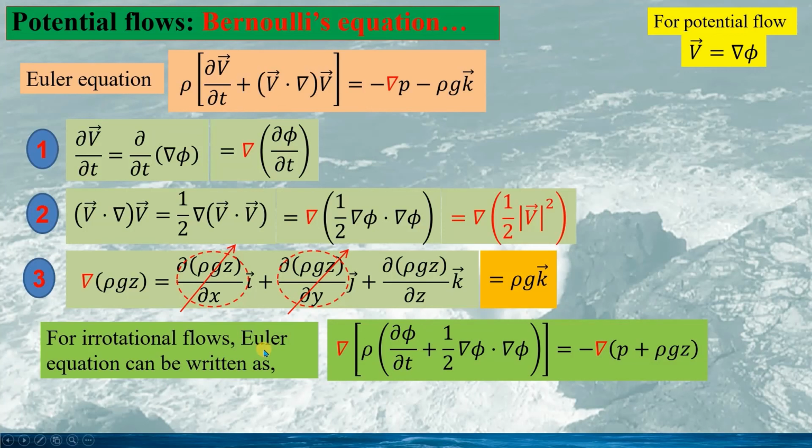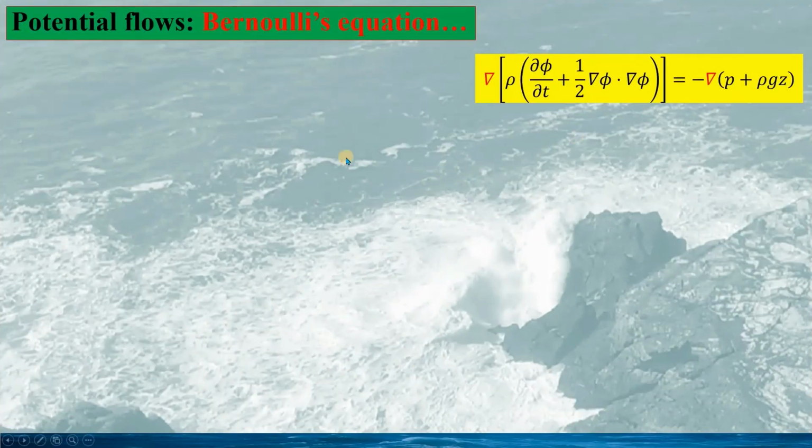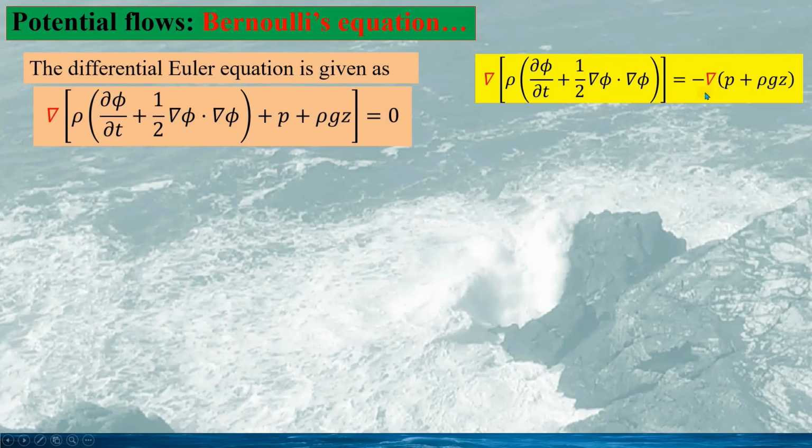For the irrotational flow, the Euler equation can be written as this. And we can see both sides are calculated as the gradient of this expression and the expression of this. Now if we move the term on the right hand side to the left hand side, we have the gradient of this expression.